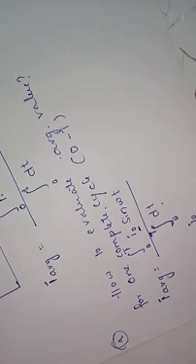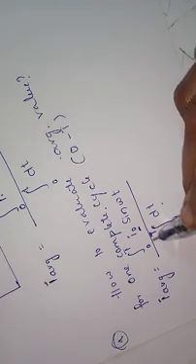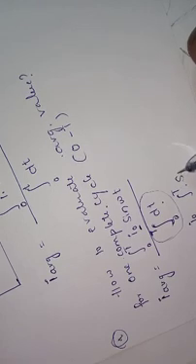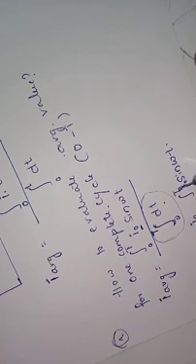With the limit 0 to T, let me write capital T. I naught is a constant, so let's take it outside the integration. The value of the denominator integral is capital T. So what remains is the integral from 0 to T of sine omega t.